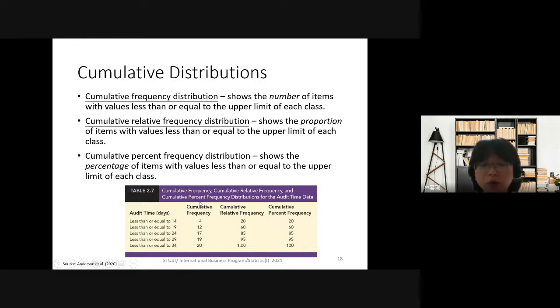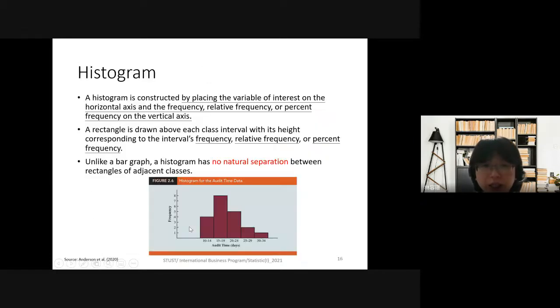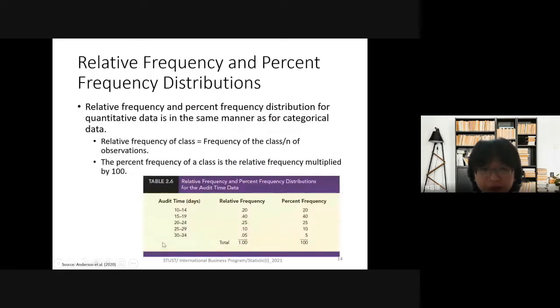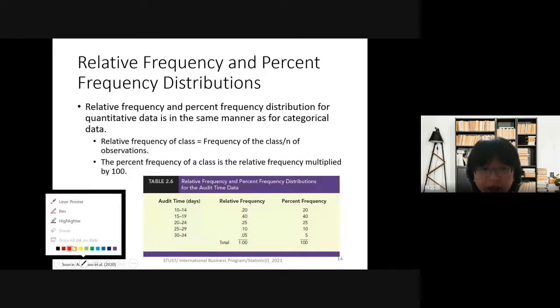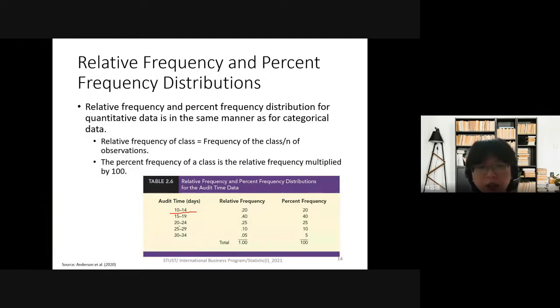For example, you will divide the data you get into 10 to 14 days, 15 to 19 days, 20 to 24, 25 to 29, 30 to 34. Then you will calculate the relative frequency or the frequency.